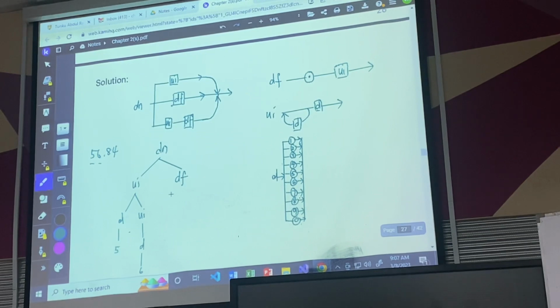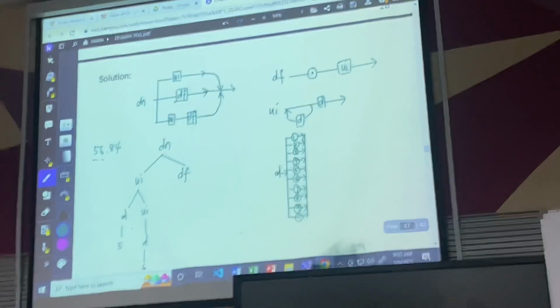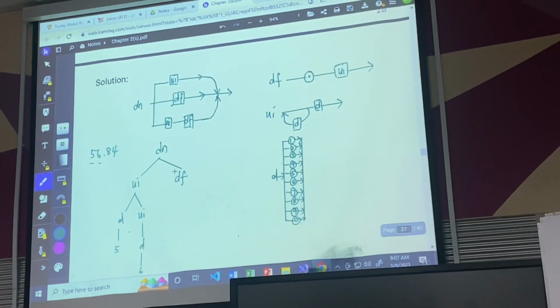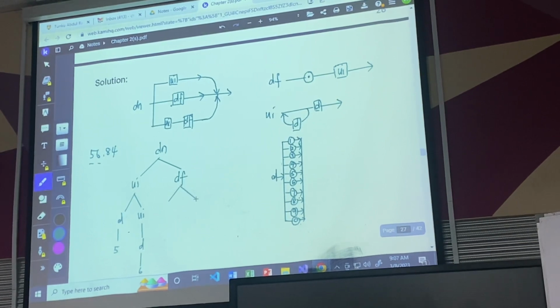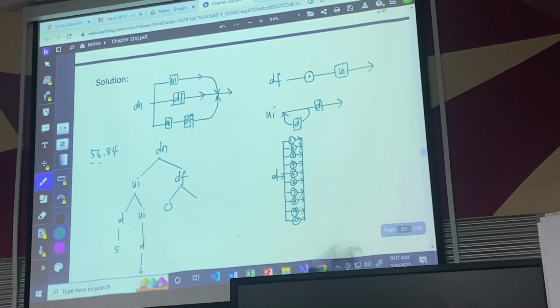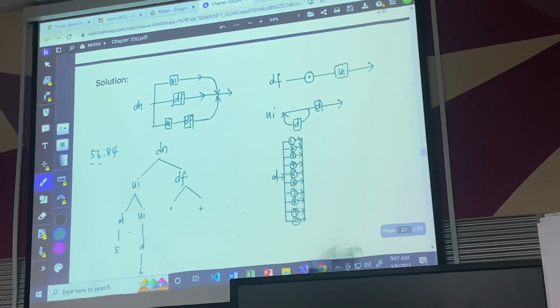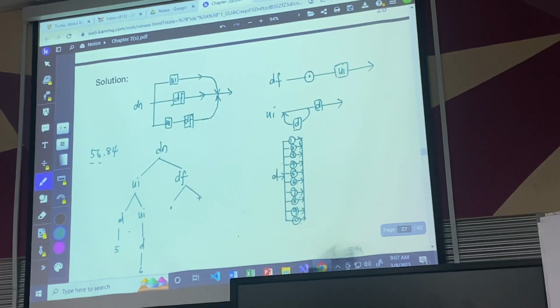So after you have 56, we need to get the decimal point here, 0.84. So the decimal fraction, we already know it is a decimal point with unsigned integer. So this side is a decimal point, and this side is the unsigned integer.